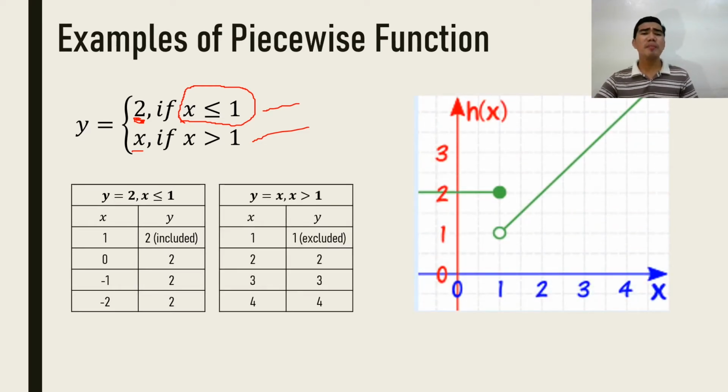So I would like to remind everyone that since ang 1 dito is less than or equal to 1, it doesn't mean na from 0, negative 1, negative 2, hindi kasali si 1. Okay? Hindi ganon. Since sa ating condition, x less than or equal to 1, in other words, 1 dito na side is included. Kasali po si 1. Okay?